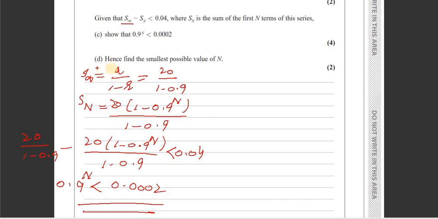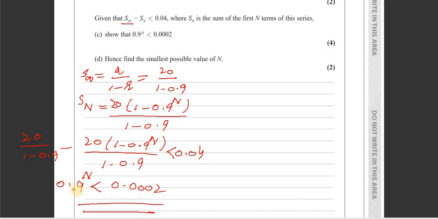Part D, hence find the smallest possible value of n. Okay, you need to find the value of n, and if you see in your part C, you proved that 0.9 to the power n is less than 0.0002, and 0.9 to the power n is in exponential form.